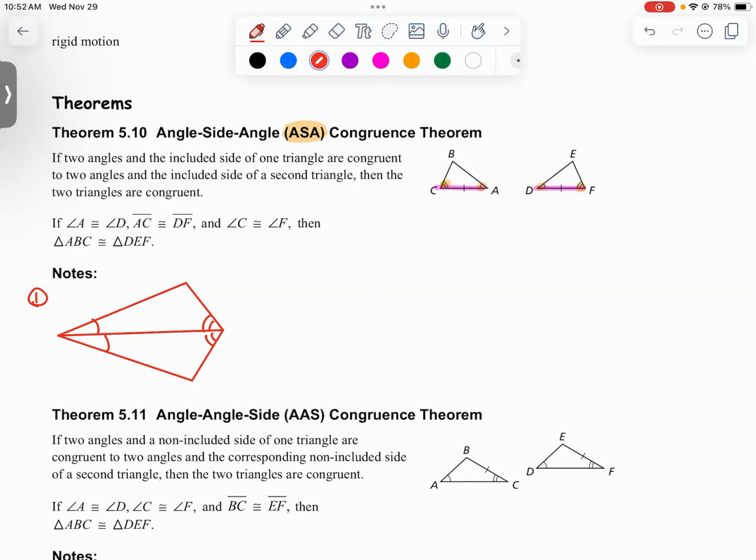The answer is yes. What can we mark? Okay, we can use the reflexive property right there, right? And these two triangles are now congruent by angle, side, angle. Notice how we have angle, side, angle, angle, side, angle.